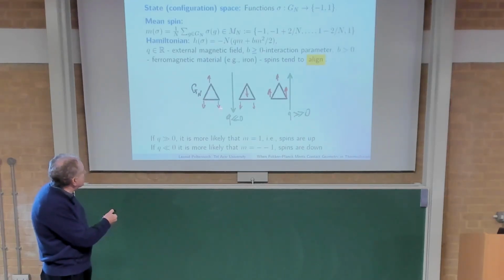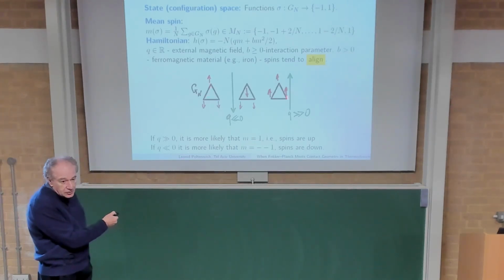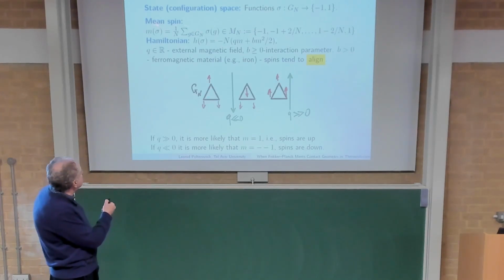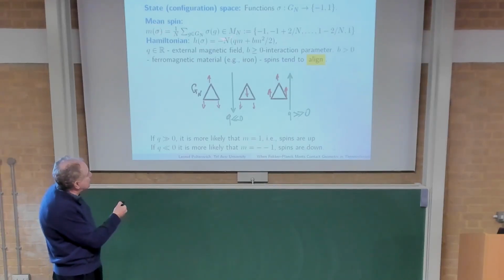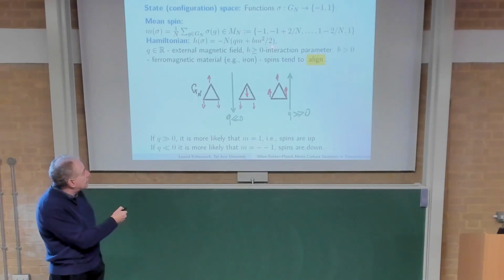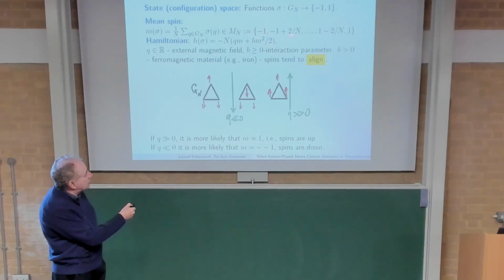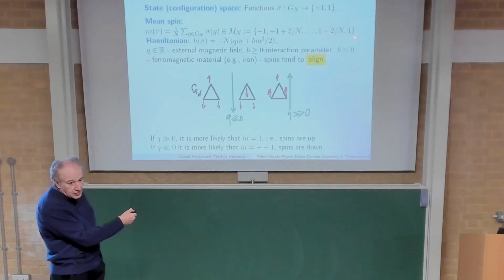So you can think like this. So this is your graph, and on each vertex there is a vector up or vector down. So these are your spins. So mean spin is just the sum of ones and minus ones over the graph, divided by n. And it takes values in this set: -1, -1 plus 2 over n, and so on. Okay?